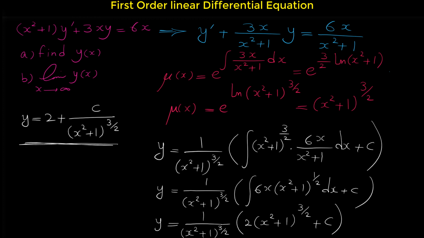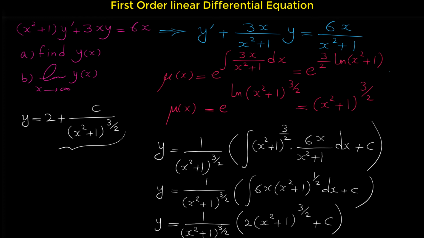Again, how do we find this y? We multiply this expression in the bracket. When we multiply 1 over x squared plus 1 to the 3/2 in the first term, x squared plus 1 to the power of 3/2 cancels with this and a 2 remains. And when we multiply this in c, we get this expression.